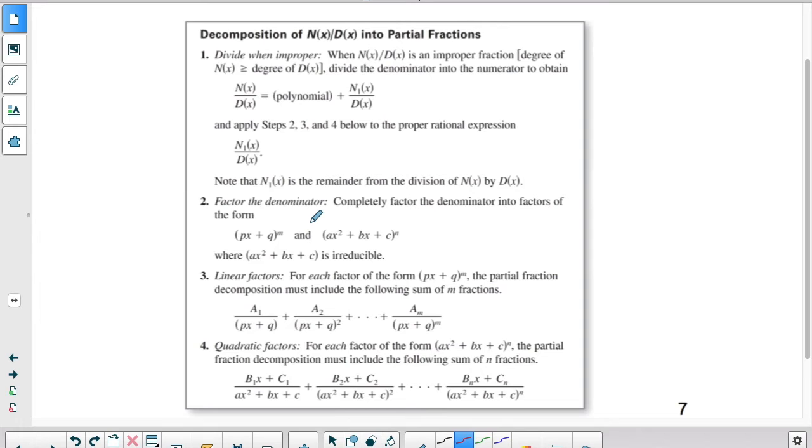Our second main step is we need to factor the denominator completely. So completely factor the denominator into factors of the form of either of these here, where this one here is irreducible, it won't factor. Now, you might be saying, well, we can factor it using imaginary or complex terms, and we won't use that. We won't use imaginary, complex terms, or irrational numbers, anything with a radical.